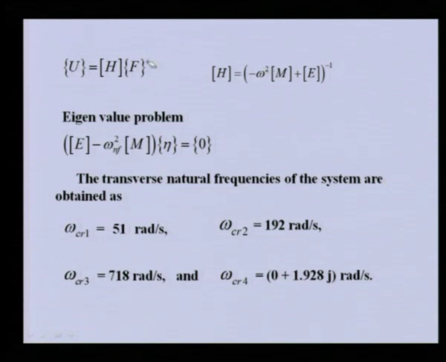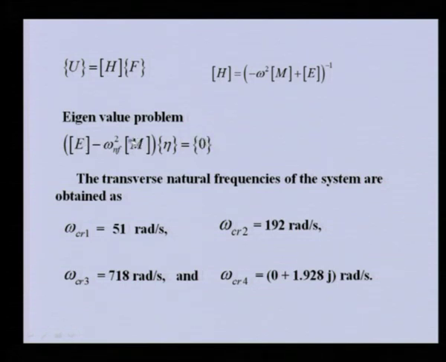So, you can see that in the eigenvalue problem, if we take the inverse of this, it will be this into u. That means this has to come to this side, and this is the response. And because it is free vibration, we are keeping the force 0.